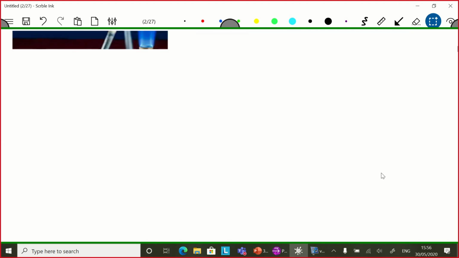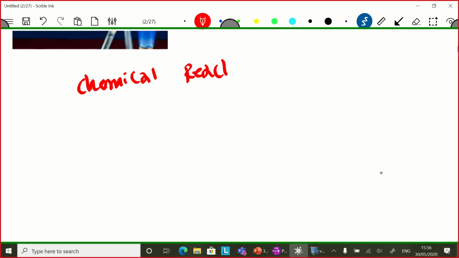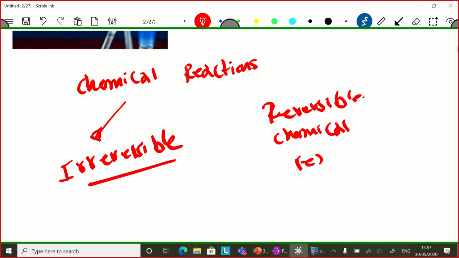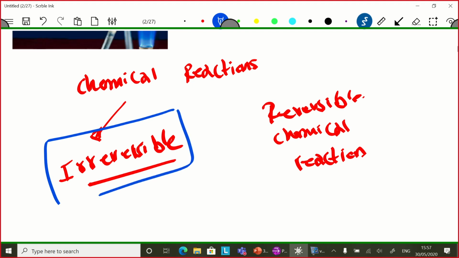In terms of chemical reactions, we have two types: the irreversible chemical reaction, and the reversible chemical reaction. So far in your studies, we've been mainly working with irreversible reactions.